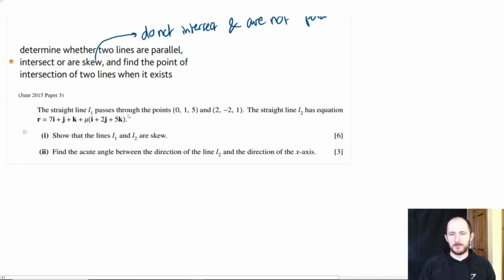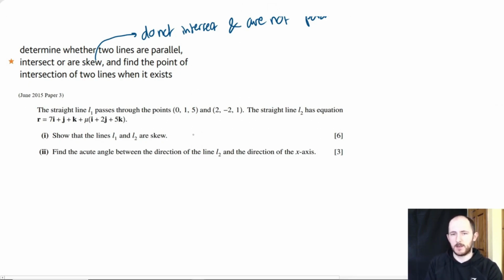The line passes through these 2 points, and the straight line L2 has an equation like this. So again, that's our equation of a straight line. So this is our part B. Show that lines L1 and L2 are skew. The first thing you want to do is write L1 as an equation of a line.